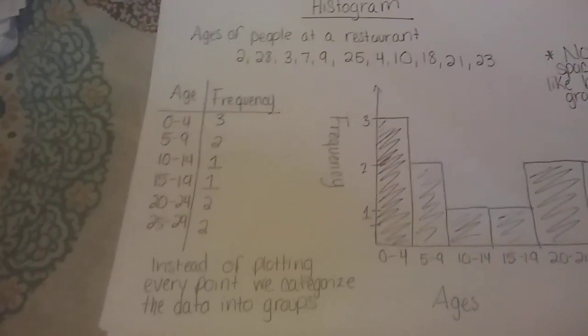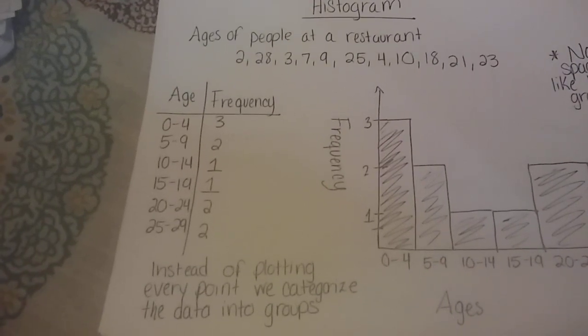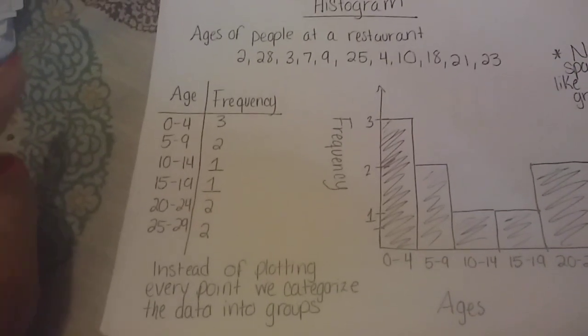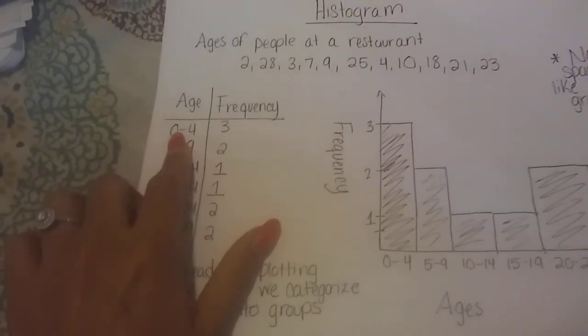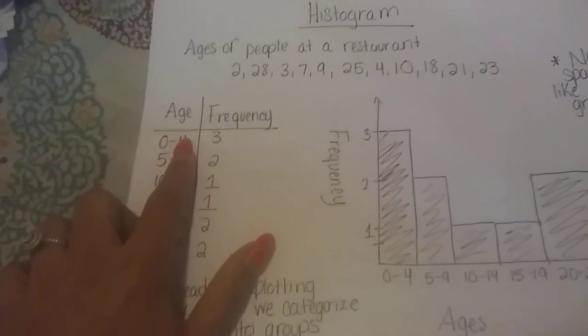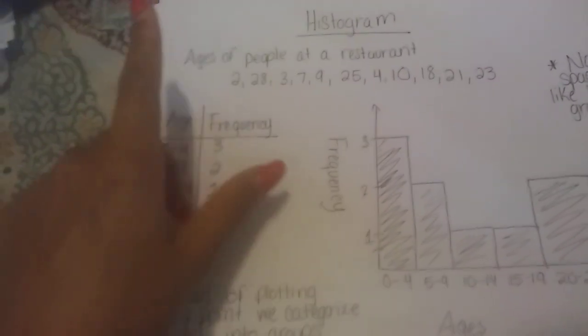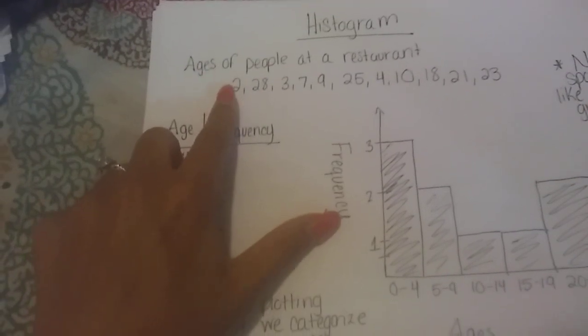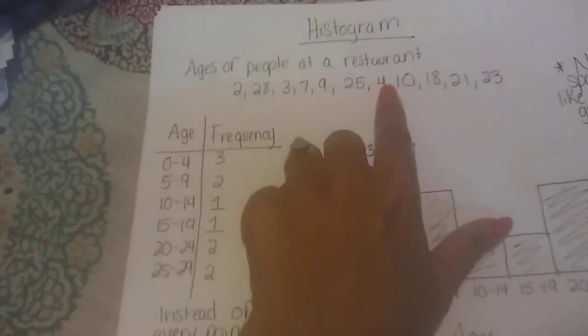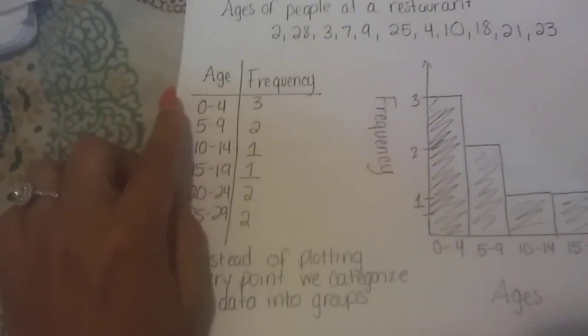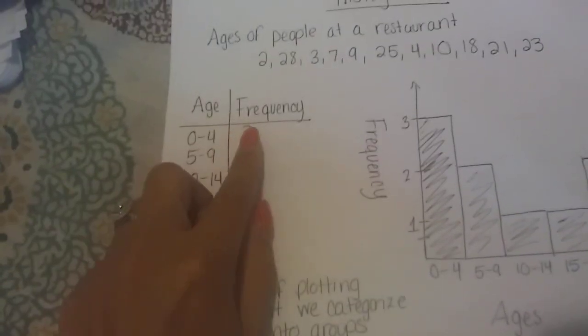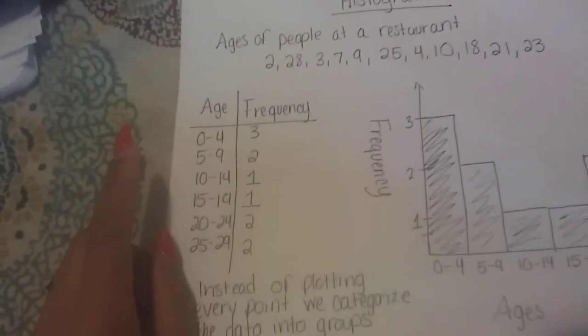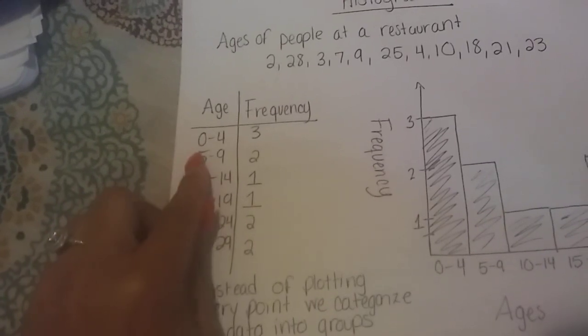And now you're going to go through your data and identify how many people were aged between 0 and 4. So we're going to go ahead and count. It has to be between 0 and 4. So we got 1, 2, and 3. So my frequency for ages between 0 and 4 is 3. We're going to do the same thing for ages 5 and 9.